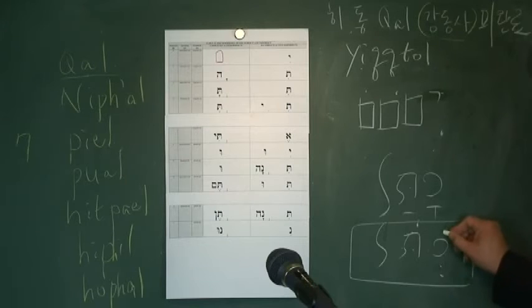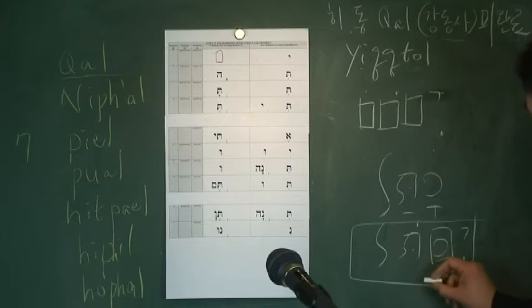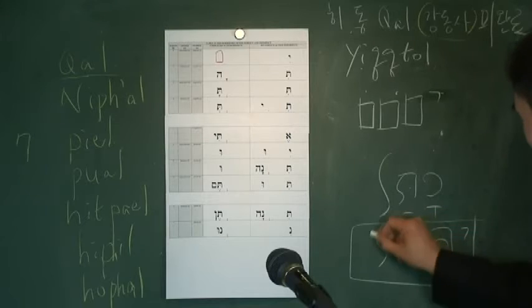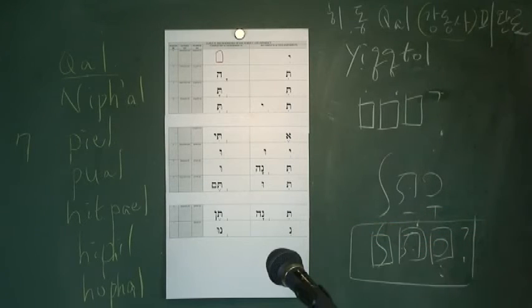Hence, we call this yiktol. If we replace the consonants kof, tet, lamed of the kal verb katal with different consonants, it can gain the yiktol form. It can gain the imperfect form.